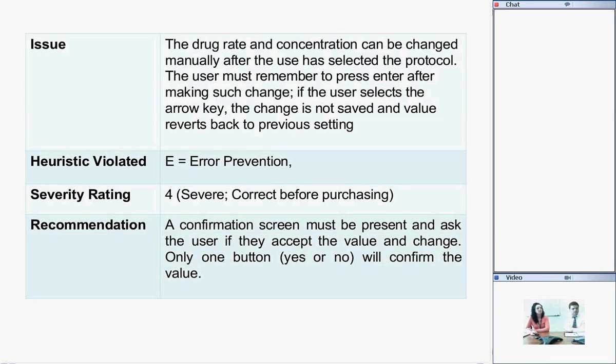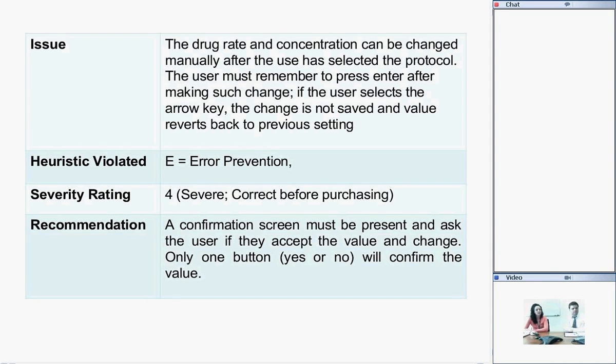Another one was that the drug rate and concentration could be changed manually after the user had selected a protocol. And so what ended up happening was, if you wanted to go from, say, 8 milligrams to 10 milligrams, and you go back and you hit 8 and then you hit 10, there was an option of using the arrow down button rather than an enter button.